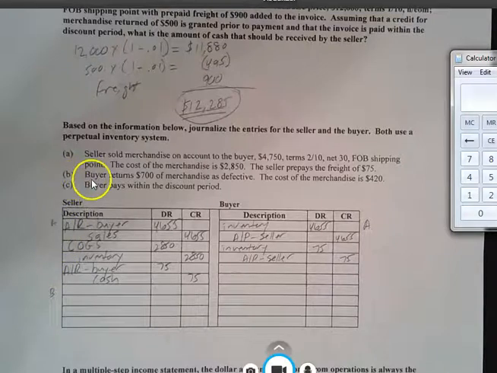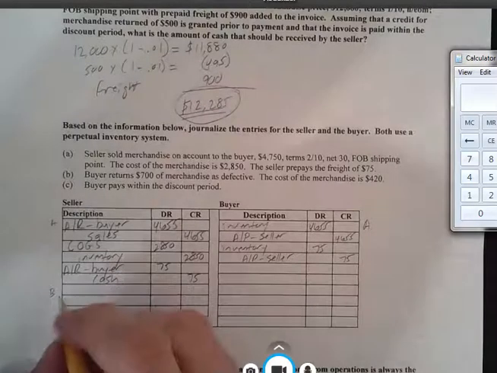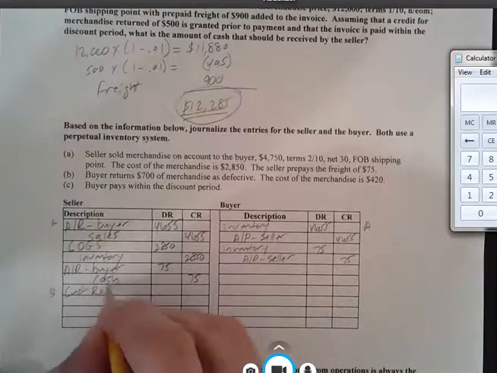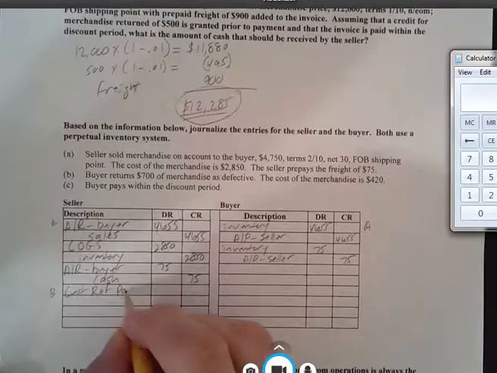Okay, so B, it says buyer returns $700 worth of merchandise as defective, and the cost of that merchandise is $420. So from the seller's perspective, what do we have going on here? Well, we're going to use that liability account that we set up. I'm going to have to abbreviate customer refunds payable.